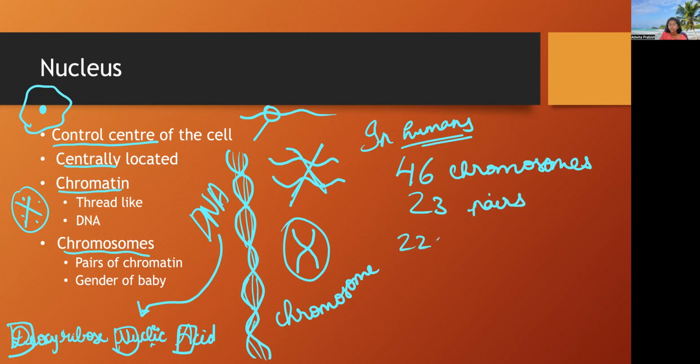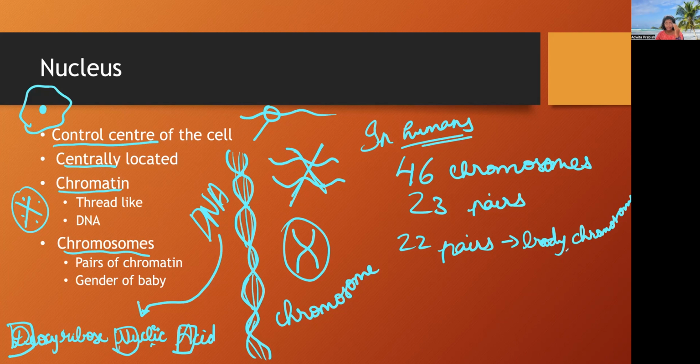So 22 pairs of these 23 pairs are normal body chromosomes, that is the things that will decide how you look, that is the genes, like you have your mother's nose, you have your father's eyes, like that.